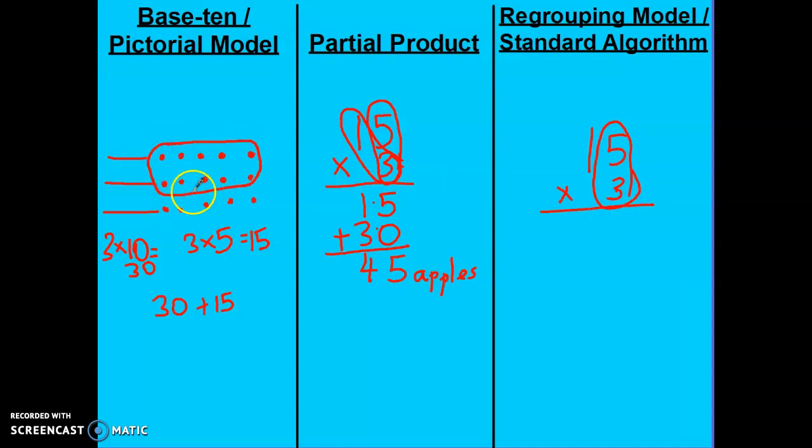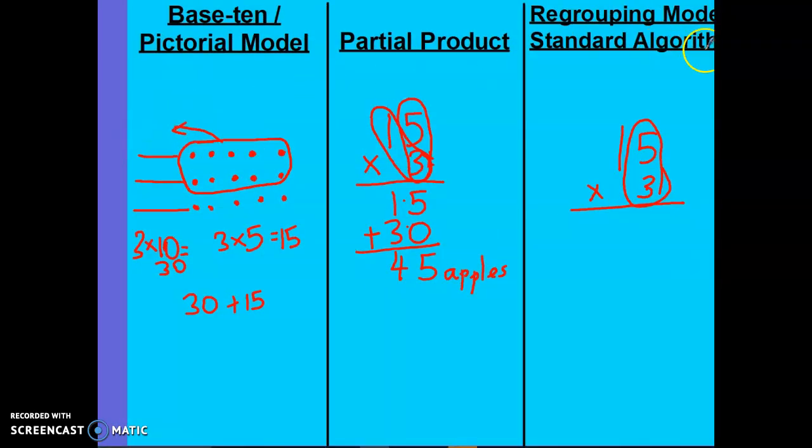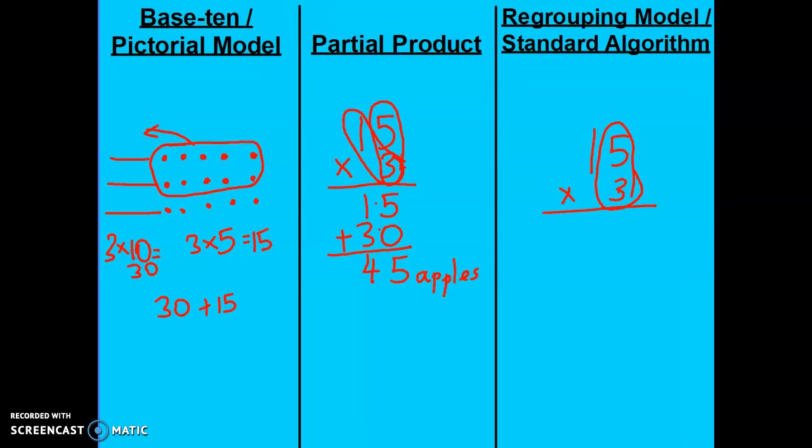Make a 10 and bring it over to the tens place. Here we go. And I regroup it. So now I have 5 ones left. I'm going to put a 5 here. The 1 supposed to be here, I already regrouped it, and I moved it to the tens place.